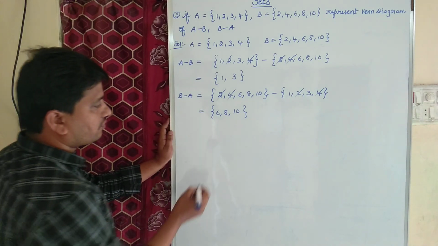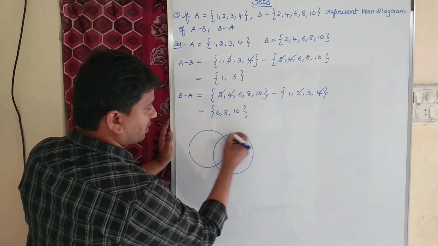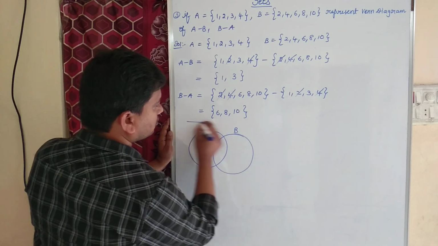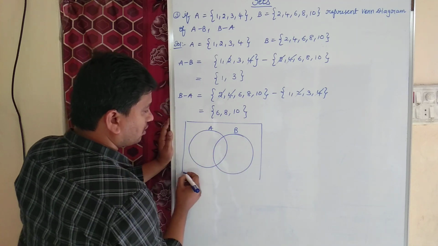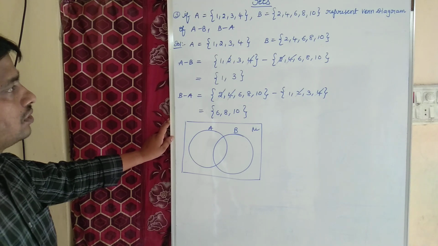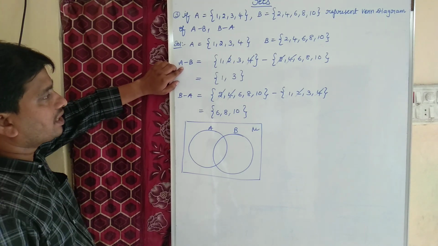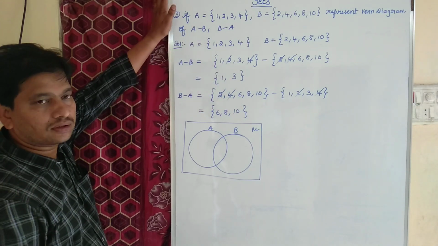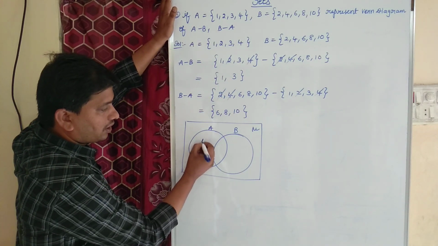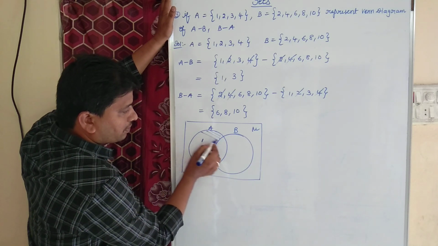Okay, children, listen carefully. This is our A, this is our B, this is our universal set mu. A minus B equal to how much did we get, children? A minus B equal to 1, 3, right? This is the A minus B part. A minus B means only A, this part.